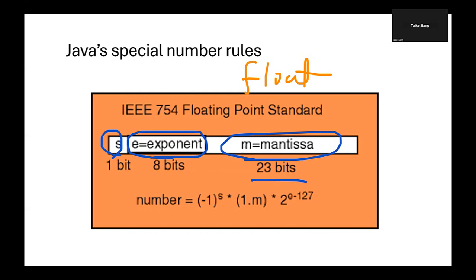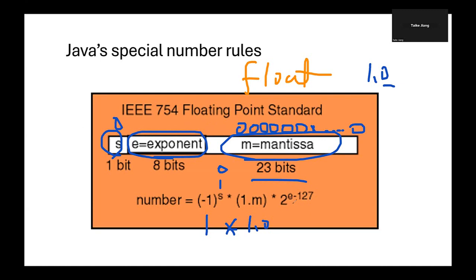What does this mean? This means that if you want to represent 1.0, your sign bit will be 0. So right here this is 1, times this one, which is 0, so 1.0. So this mantissa part is 0. So you will have 23 bits of 0 right here.